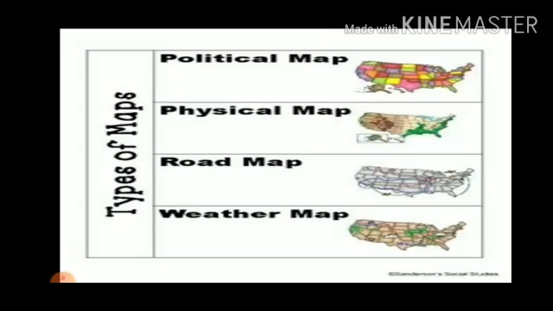So there is usually a key or clue given on maps to help understand what a color represents. We can see on a map a key or clue is given there which helps us to understand what a color represents. Like blue represents water, meaning water bodies, like this way. Okay.